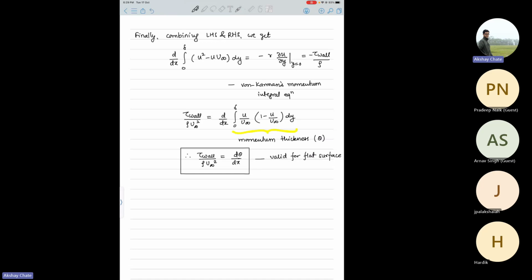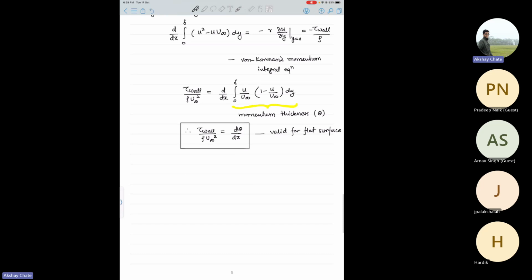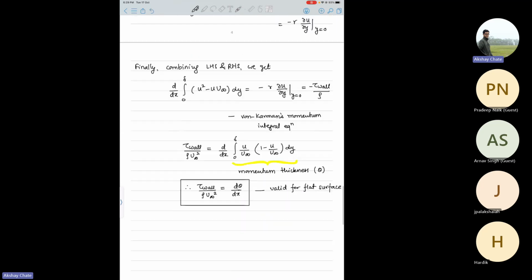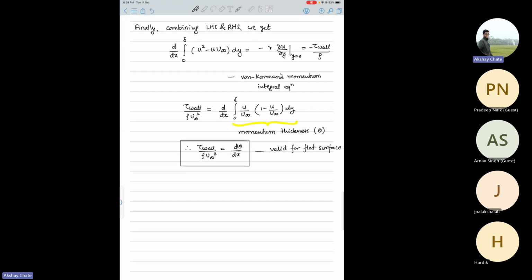I'm just noting it down here so that you remember it in future. Sorry for this math, but this is what it is.